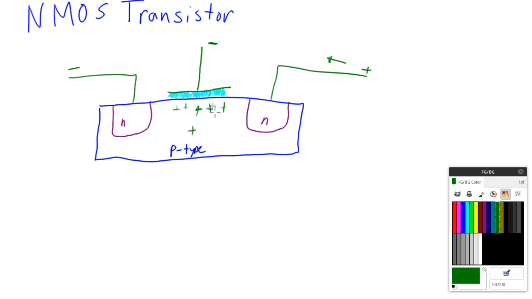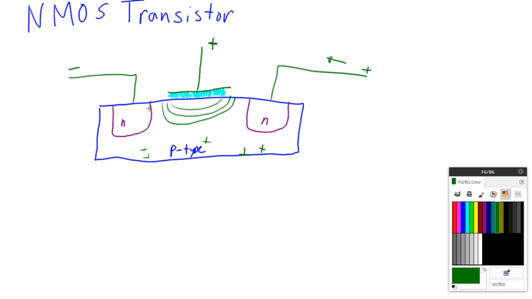But then if we switch it to a plus, what's going to happen is we kind of have this spot that opens up that pushes away other pluses. Remember, like charges repel. And these pluses, even the ones on this border, are going to move out of the way.